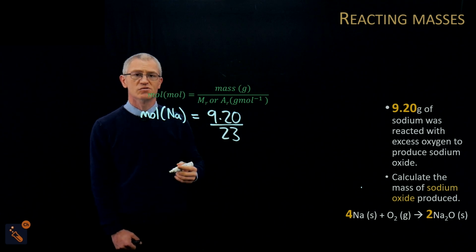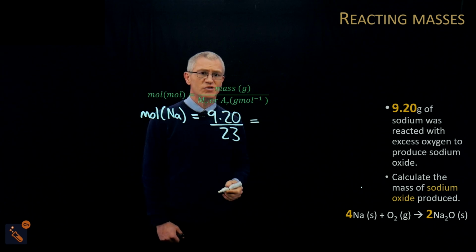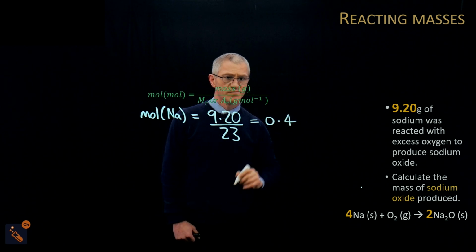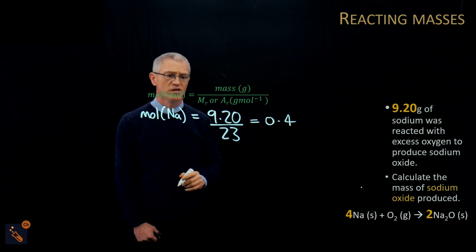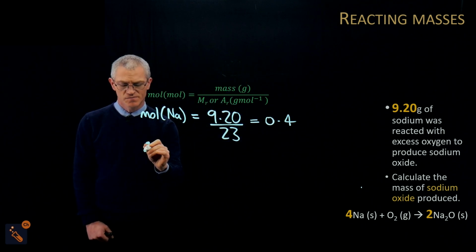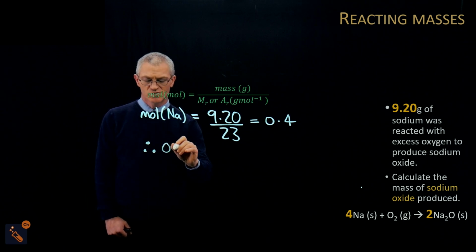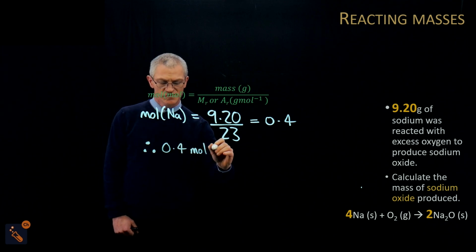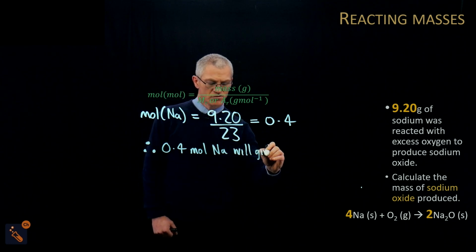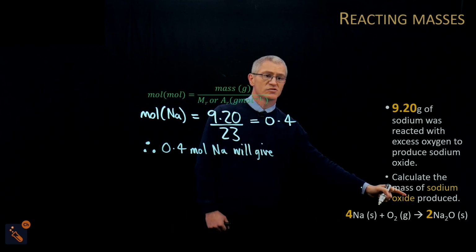I'm hoping that you're doing this with me and using a periodic table. That will equal 0.4. The important thing is, if we go back to our therefore, if you have 0.4 moles of sodium, that will give, and we look at our ratio again, a 2:1 ratio.